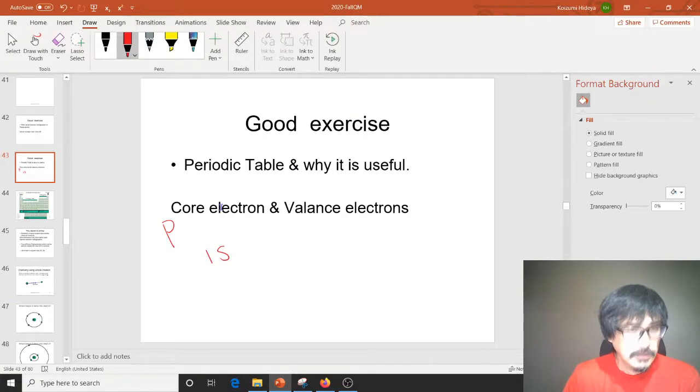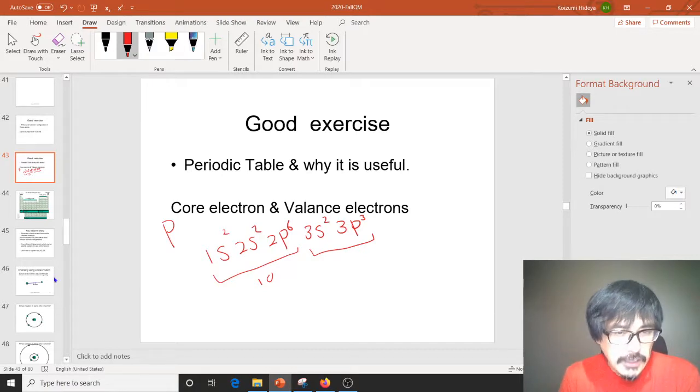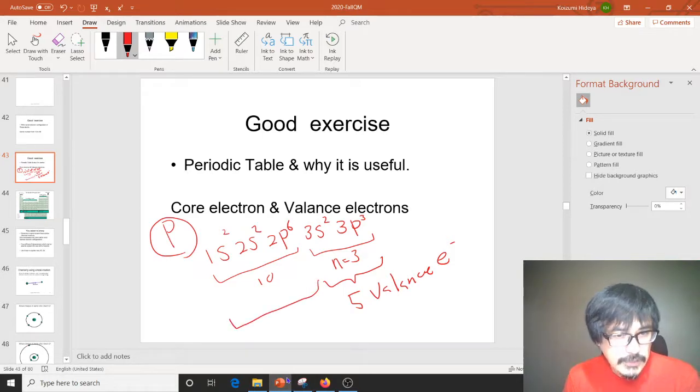So 1s2, 2s2, 2p6, so that's 10, right? And then 3s2, 3p3. Now the largest n is n equals 3, these guys. So the P atom right here actually has 5 valence electrons, and the rest of the stuff, all of these guys, are core electrons.